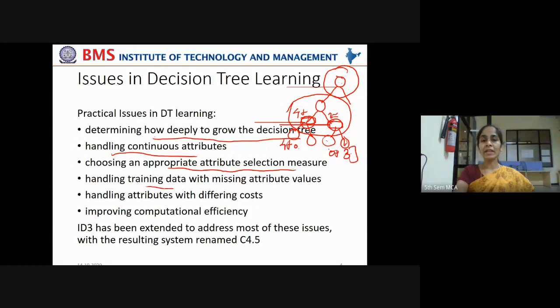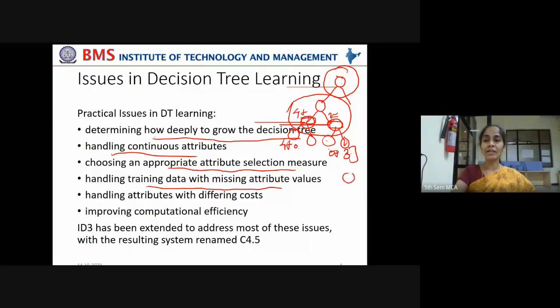Now, handling training data with missing attribute values. If the training data doesn't have some attribute values, say the weight of a person is given as 0, or the phone number of a person is given as 0, the value is missing. In that case, how to categorize that particular training example?